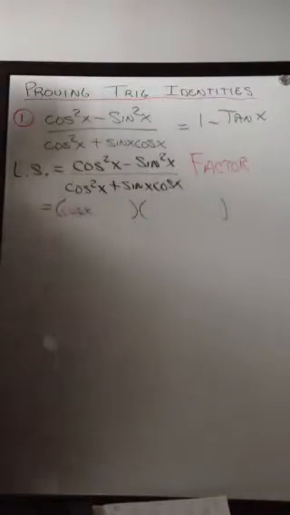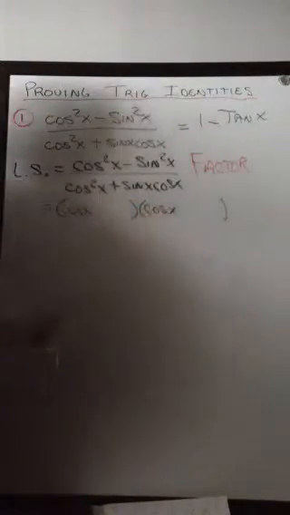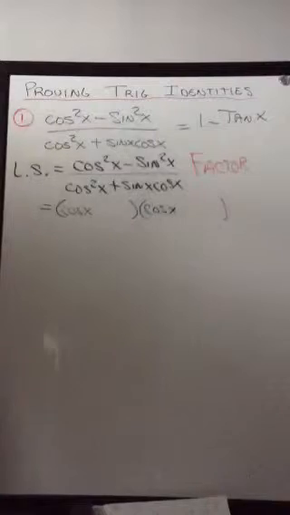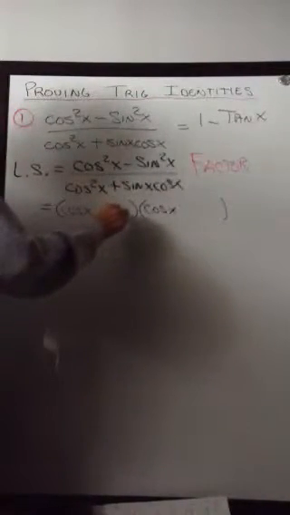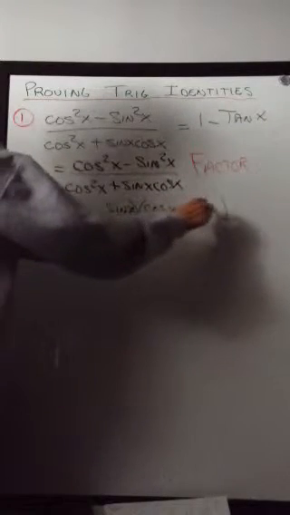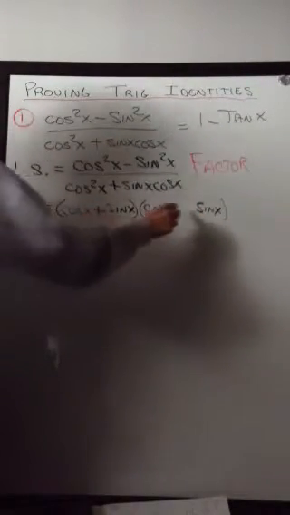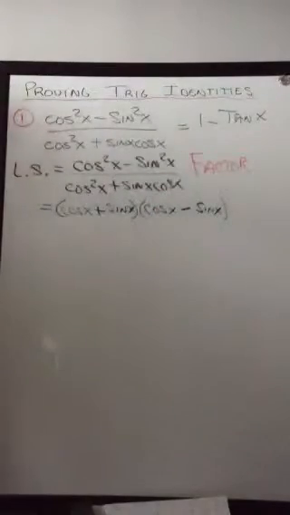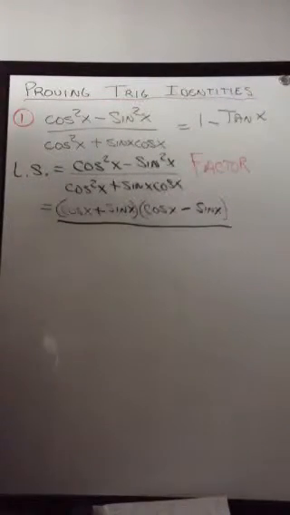Square root of cos squared x is simply cos x, so put that in the front of each bracket. What goes in the back of each bracket is the square root of the second term. Square root of sine squared x is sine x, so put that in the back of both brackets. Then in one bracket we have a plus sign between those two terms, and in the second bracket, a minus sign. It doesn't matter which bracket you put the plus or the minus sign, as long as they're opposites.